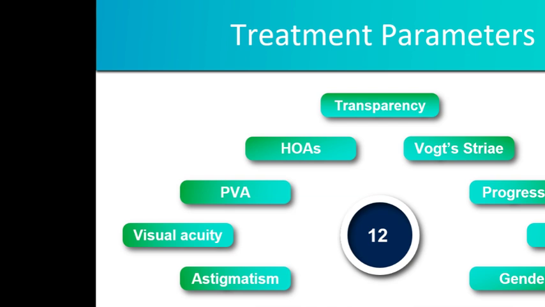Treatment parameters. As you see, we have many parameters that we should not depend on. Previously we depended on them, but actually they complicate the problem. Transparency, Vogt's striae, progression, age, gender, thickness, Kmax, refraction, astigmatism, visual acuity, potential visual acuity, and high-order aberrations. So many.